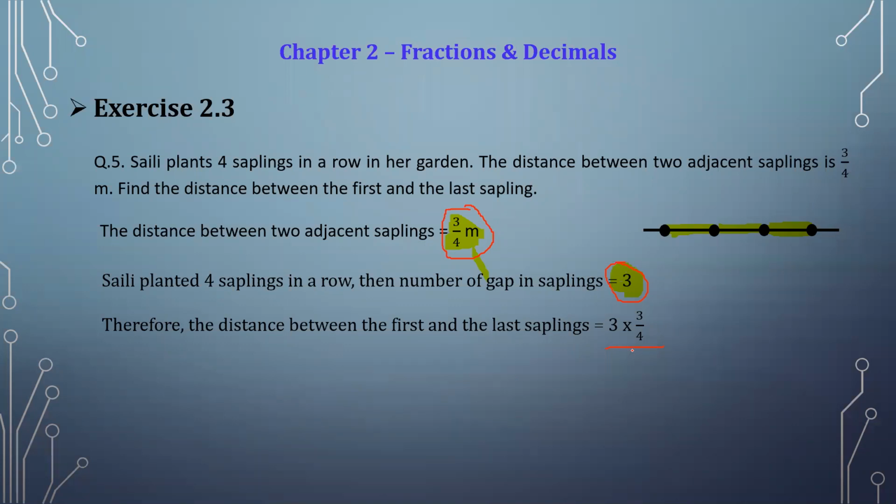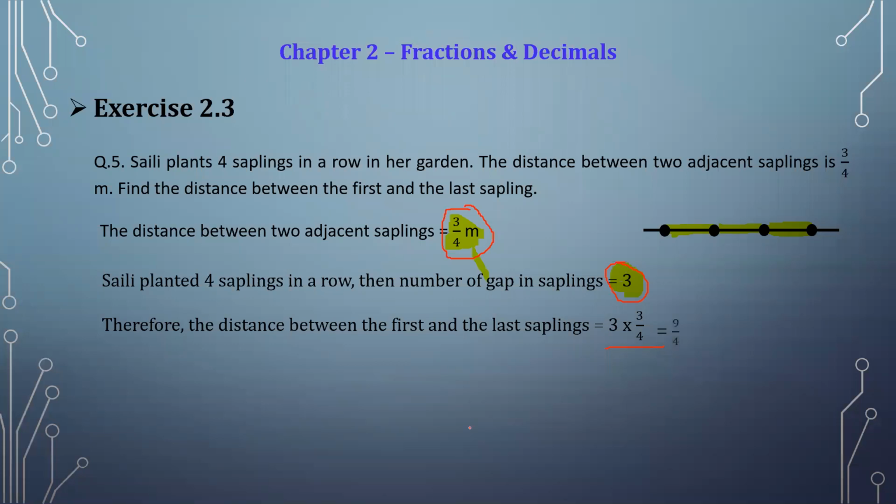We know how to multiply a fraction and a whole number. We directly multiply the whole number with the numerator.